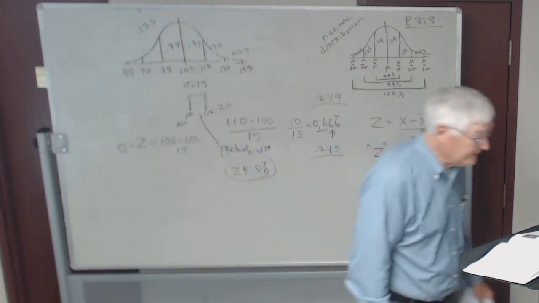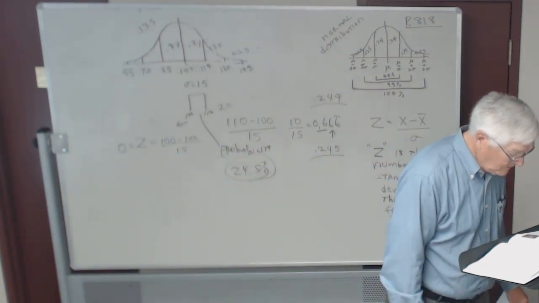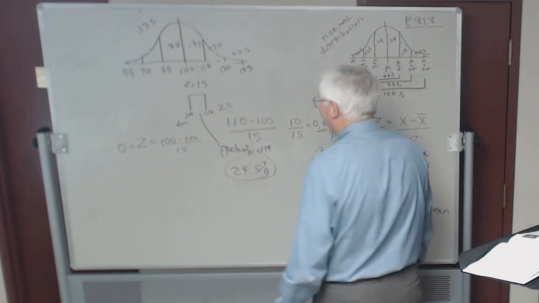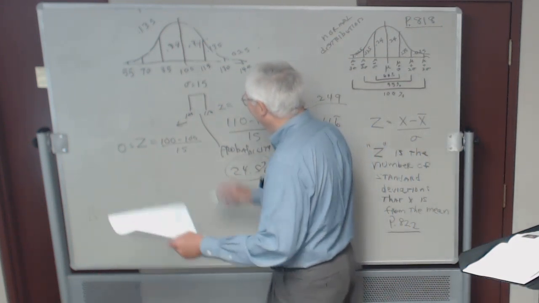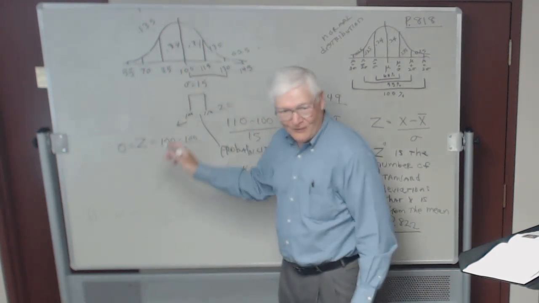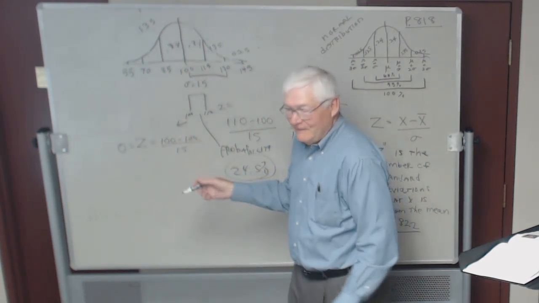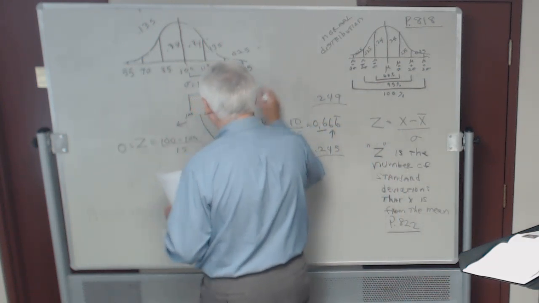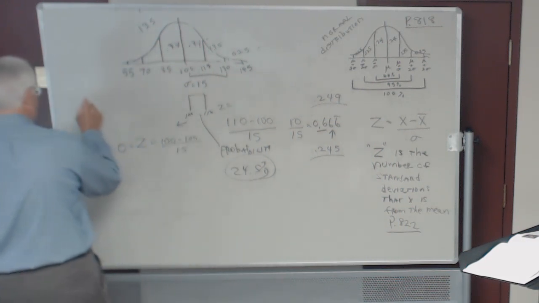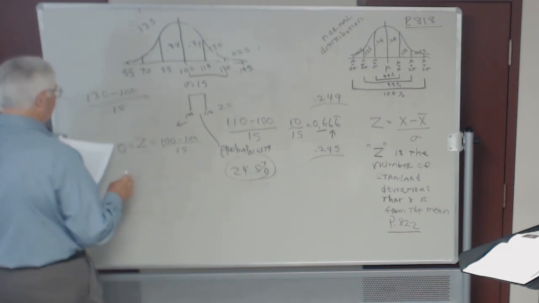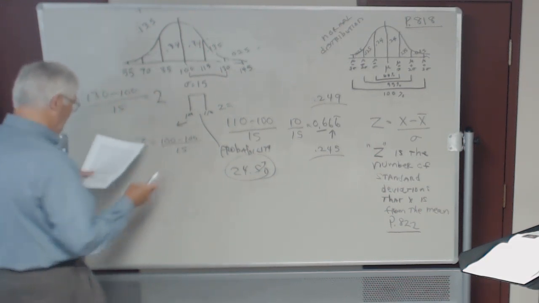So what's the next thing say? Between 100 and 130? Oh, that's nice. Since it said between 100 and 130, I don't have to do all this stuff. I mean, you can. Let's go ahead and do it just for fun. We know that's 0, so we go 130 minus 100 divided by 15 equals 2.